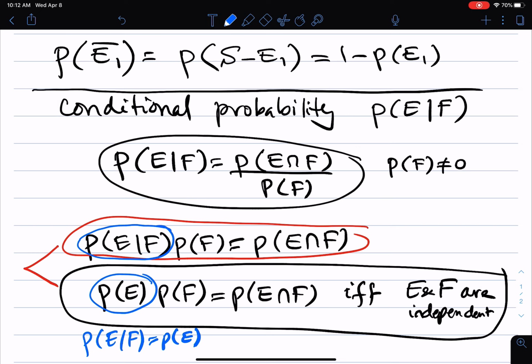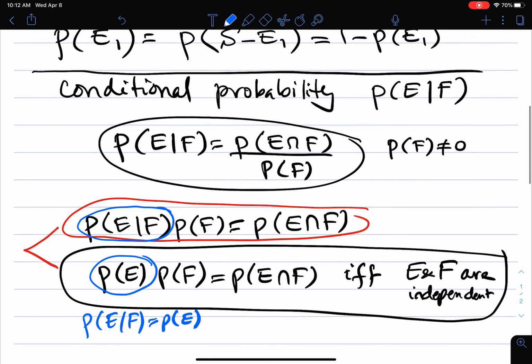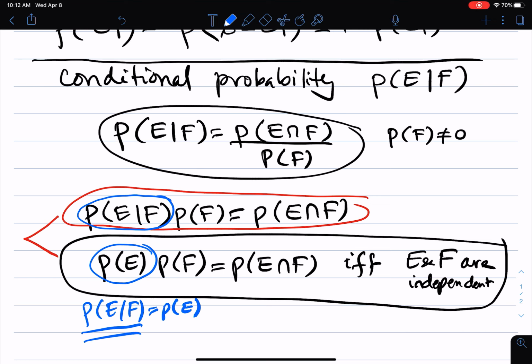This intuitively is saying that if you told me that F happened and asked me to compute the probability of E, this is exactly the same as computing the probability of E without knowing that F happened. So the left hand side, probability of E given F, is saying what's the probability of E given that you told me F happened.